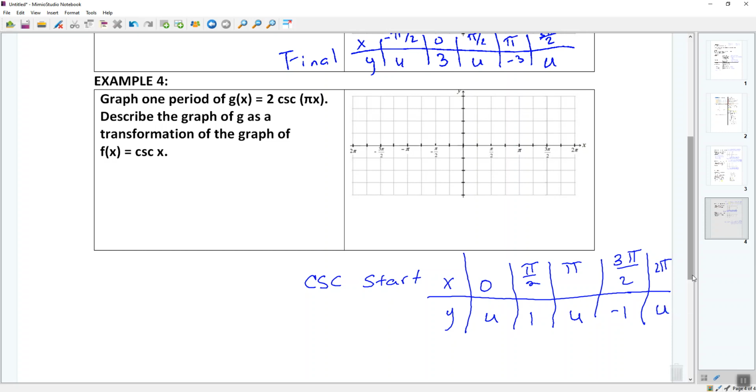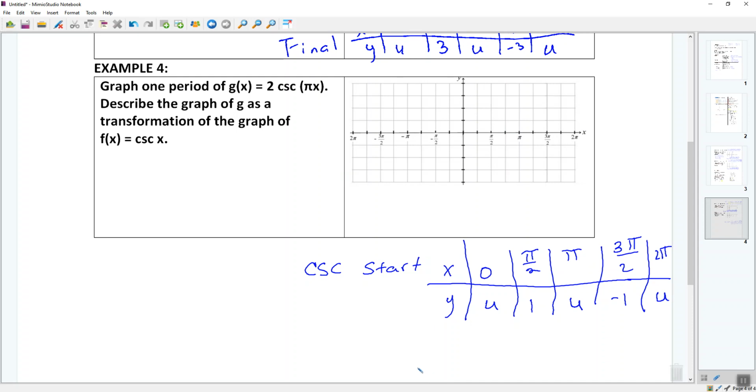Okay, so let's get our final points in here, kids. There's a couple things happening this time. To get your new points for this cosecant. Okay, what's happening with the 2 right here, kids? Vertical stretch.